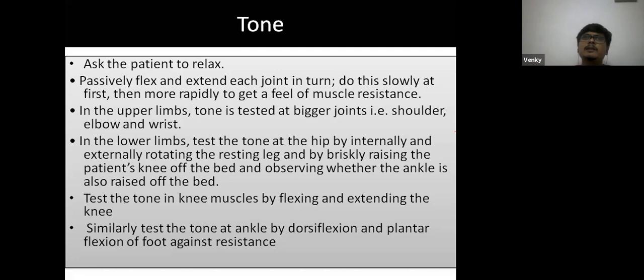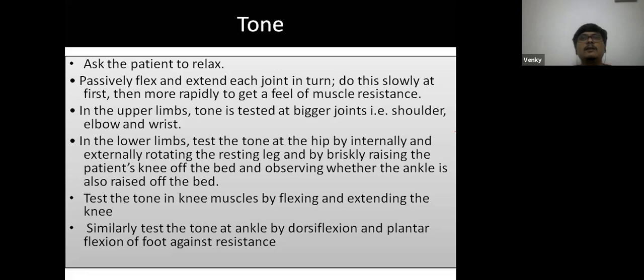In lower limb examination, you stand at the head end side of the patient, lift the lower limb and put it on the bed. In case of flaccidity or hypotonia, it will fall rapidly, whereas in hypertonia, it will stay like that. So these are the various methods of examination of tone.